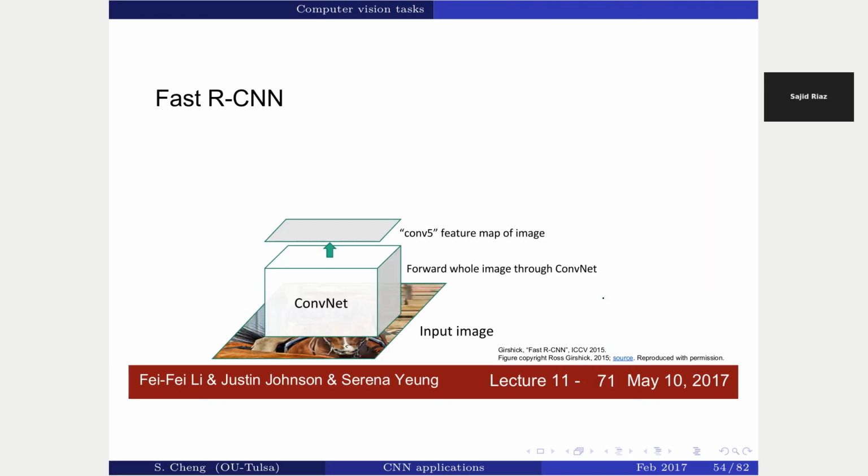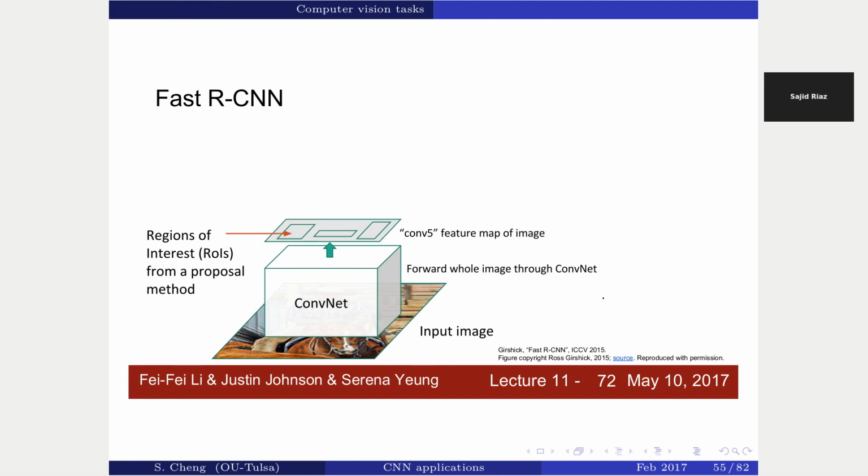So that's exactly this so-called Fast RCNN. The original work is called RCNN. For Fast RCNN, I use the same kind of classic method to determine the region proposals, but I do my convolution just on the original image.